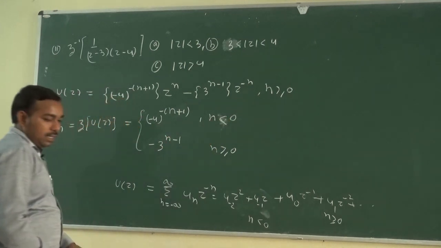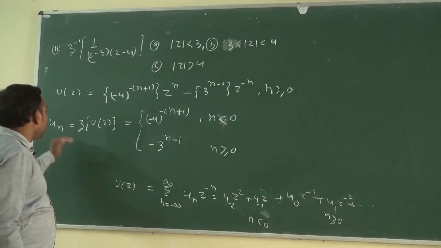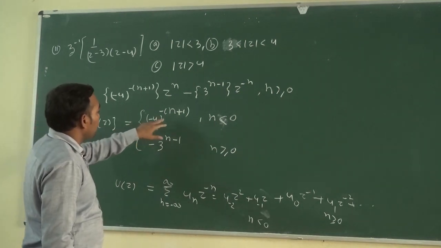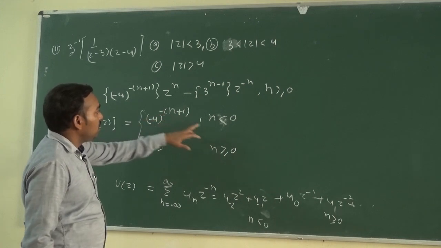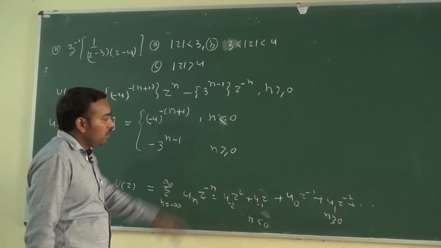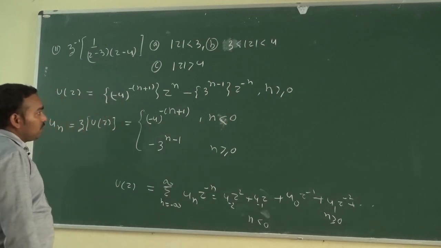Finally we get the sequence u n that is minus 4 to the power minus n plus 1 if n less than 0, and minus 3 to the power n minus 1 if n greater than 0.